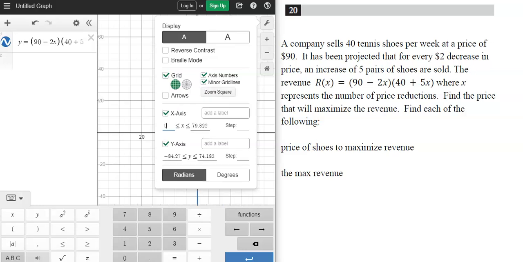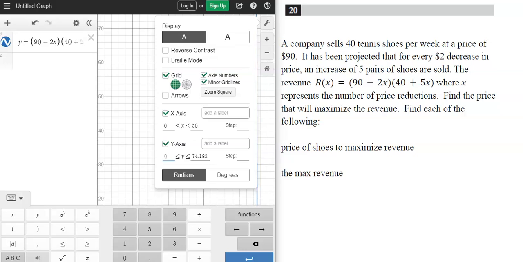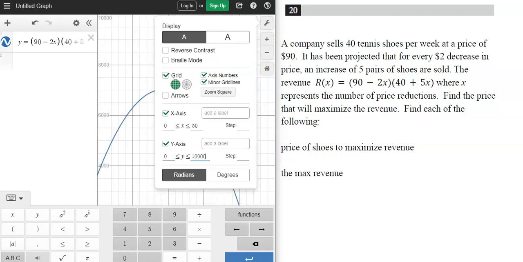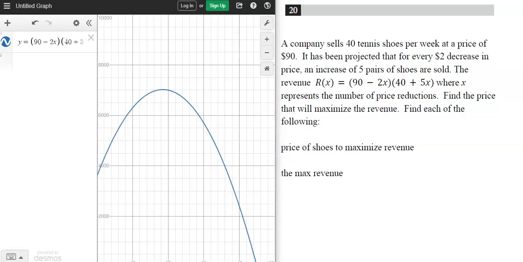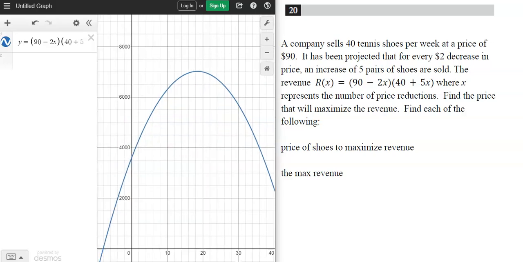And my y's, I don't know. We were at like 3,600, and then we were quickly up over $4,000. So I'm going to go $0 up to, maybe $10,000. And there we go. Now I should be able to see a maximum. And right there is the maximum.